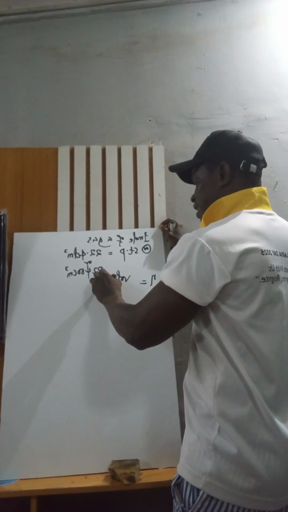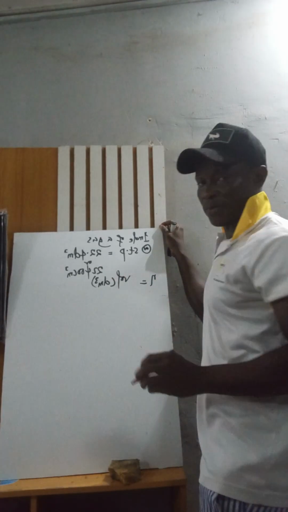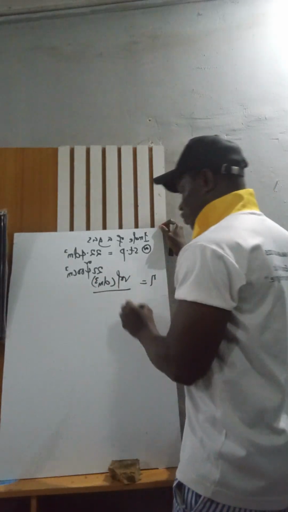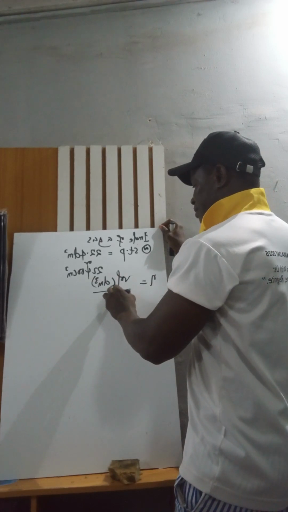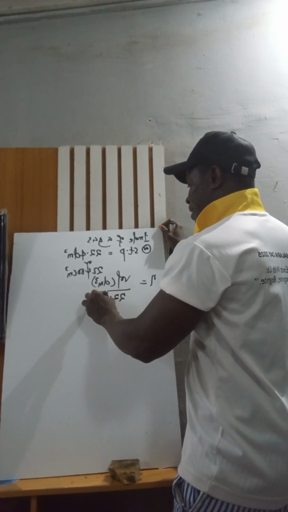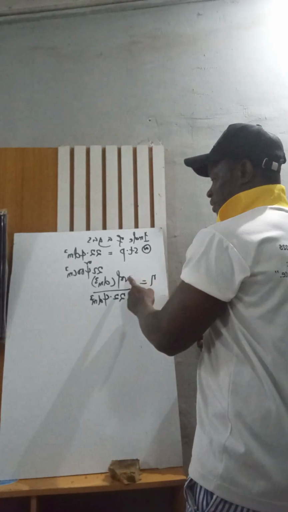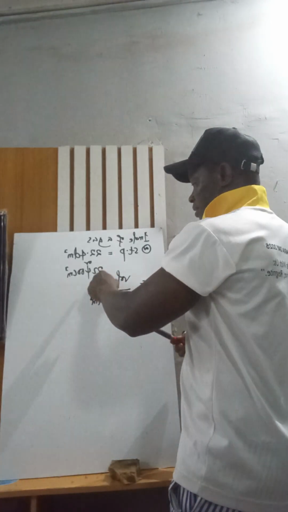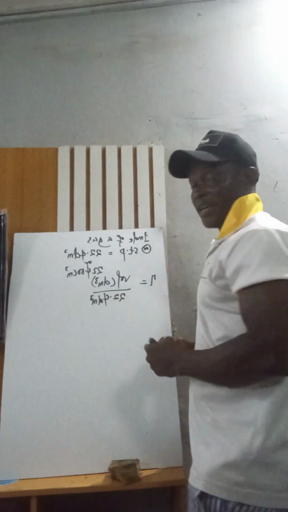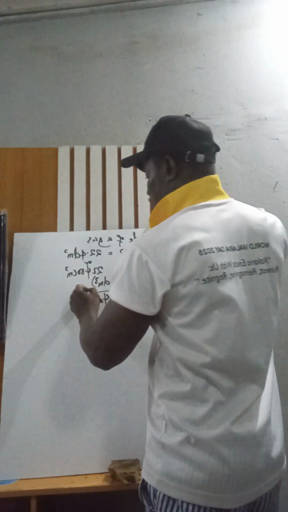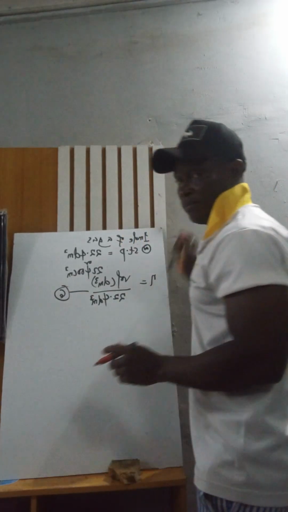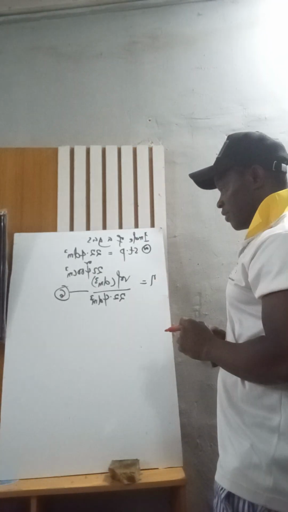If the volume given in the question is in dm cube, all you need to do is to use this formula and divide by 22.4 dm cube. So number of moles is equal to volume in dm cube divided by 22.4 dm cube. So this one is going to be equation number 6.